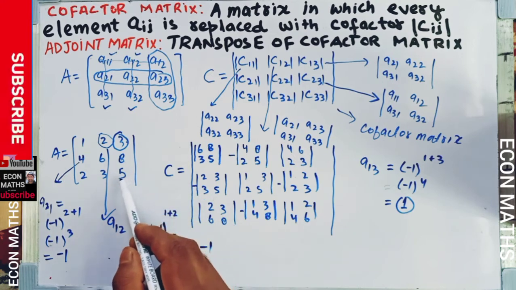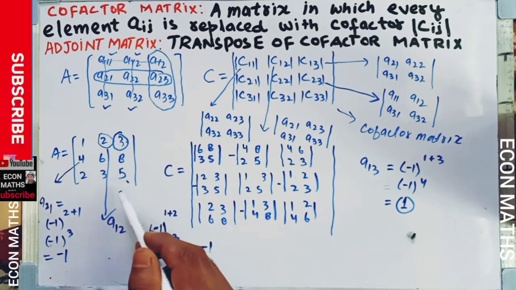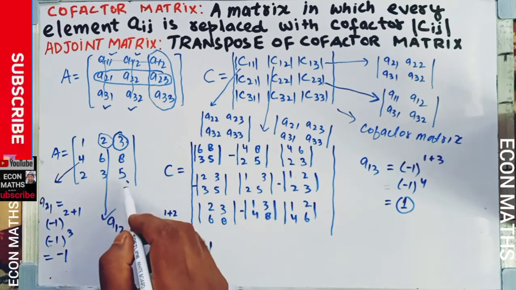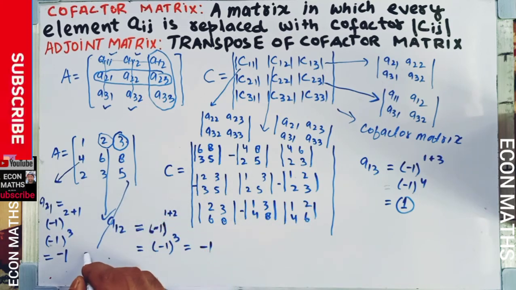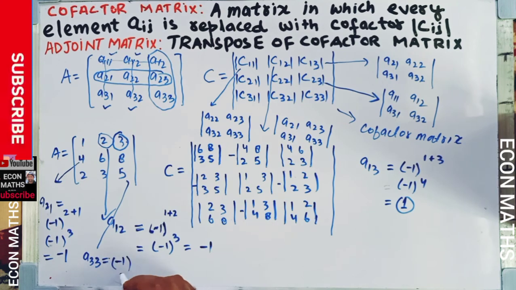Now similarly, the address of this element is A33, that is third row and third column. Now the sign is here positive. We will see why. To get the sign, we take minus 1 and raise it to the power of the addition of the subscripts, that is 3 plus 3. Now 3 plus 3 is 6, that is minus 1 raised to power 6. Now minus 1 raised to an even power is plus 1.